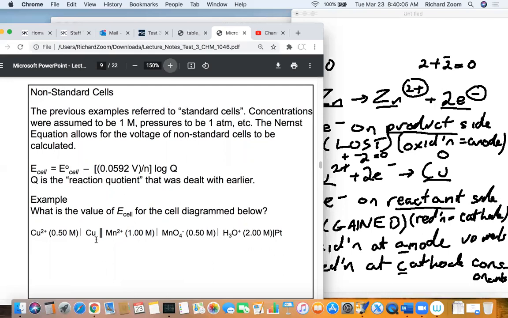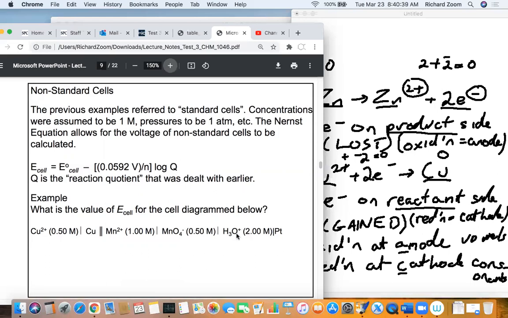You'll notice there's nothing next to the solids, there's nothing next to the water, there's no water here, but anything that's an ion that's subject to having a concentration here has a concentration listed next to it. And you'll notice these concentrations, some of them are not 1 molar, which makes this a non-standard cell. So it's the same kind of situation as we had earlier, and we see the platinum here. Remember, we just ignored the platinum. Does anybody have any questions so far?